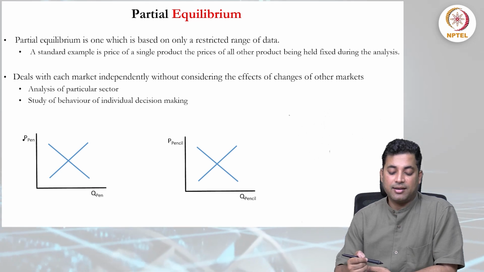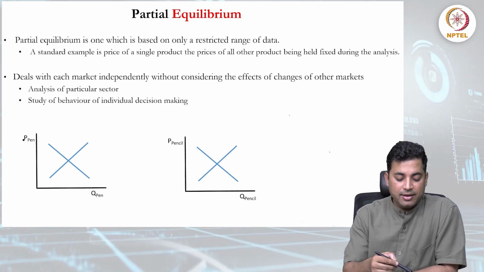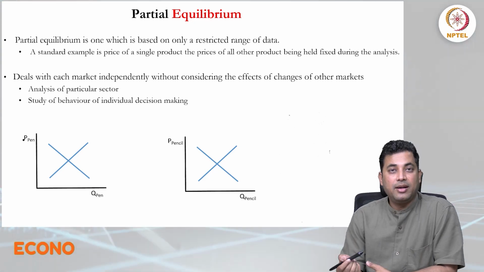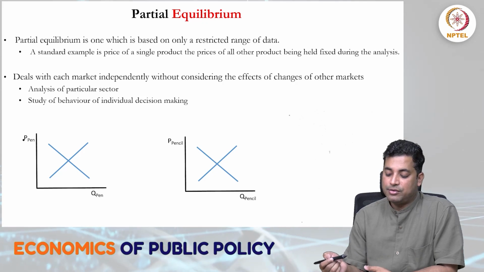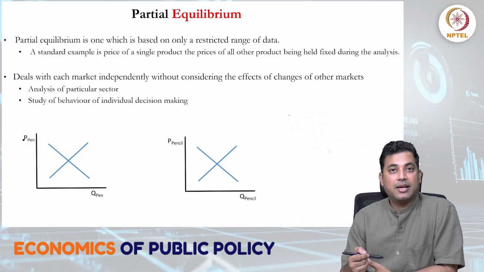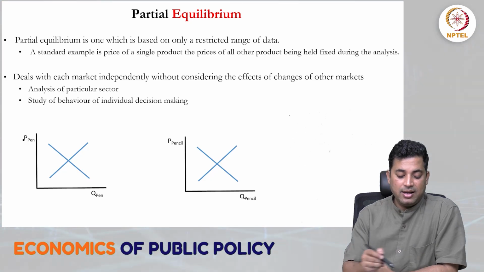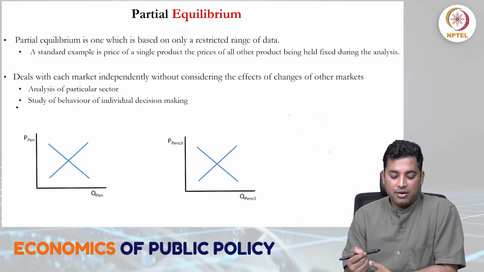It deals with each market independently, without considering the effects of changes in other markets, like analysis of a particular sector or study of the behavior of individual decision making.